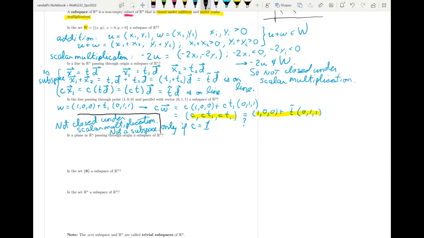So remember how we defined a plane in Rn. It's a set of all points that are scalar linear combinations of these two vectors, V1 and V2, and V1 and V2 are linearly independent.